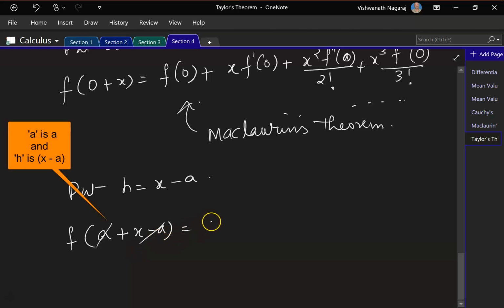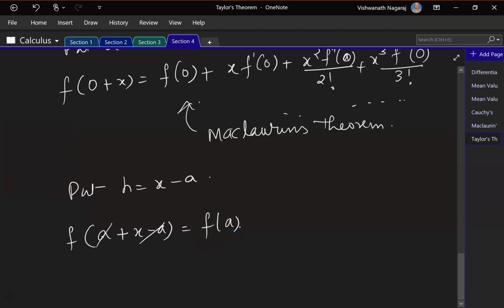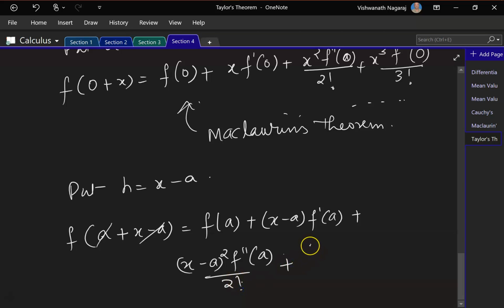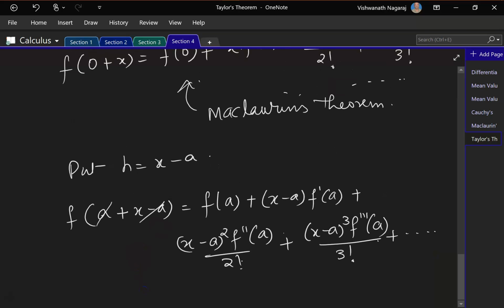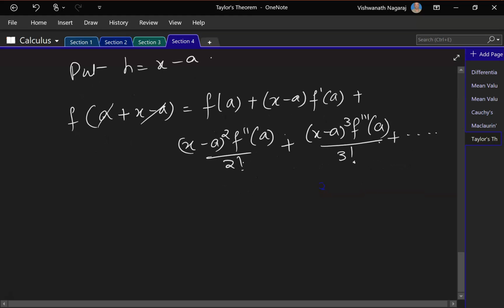This would be equal to f of a plus x minus a times f prime of a plus x minus a square f double prime of a by 2 factorial plus x minus a cube third derivative of f of a by 3 factorial and so on. Yes, so just by putting the appropriate values we are able to manipulate this entire theorem.